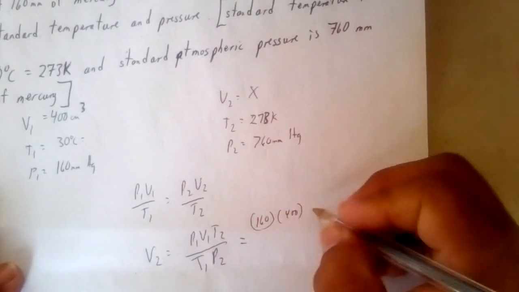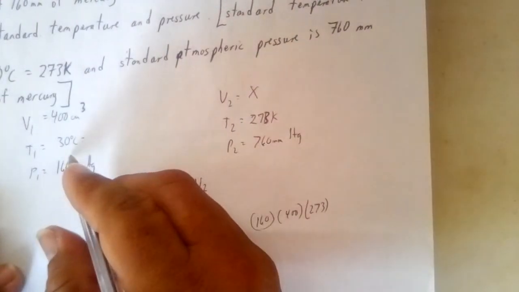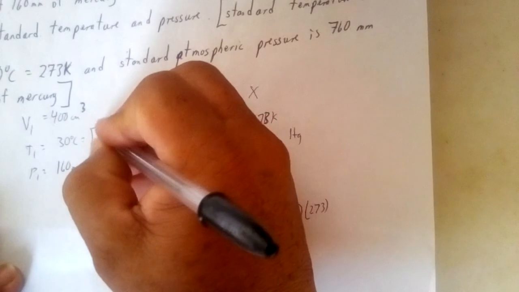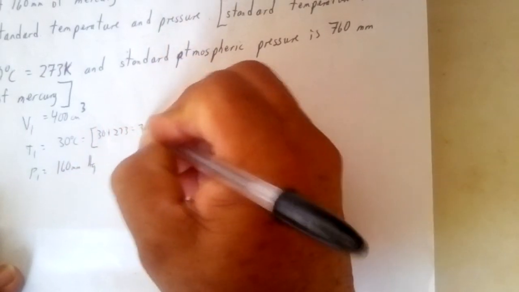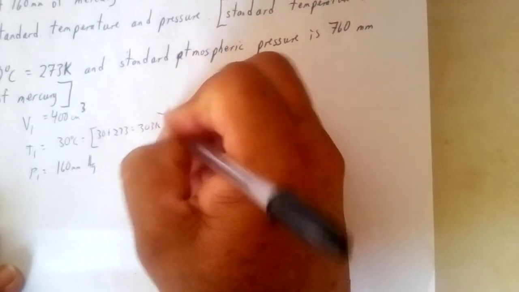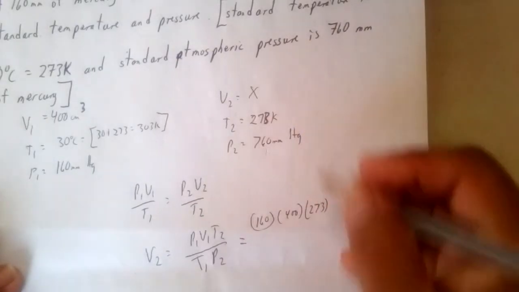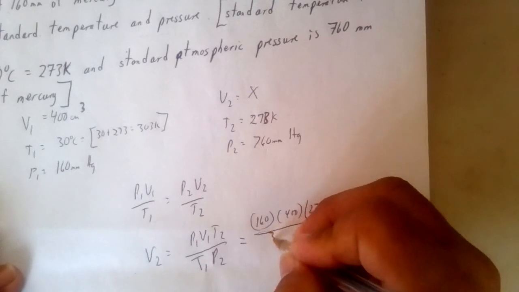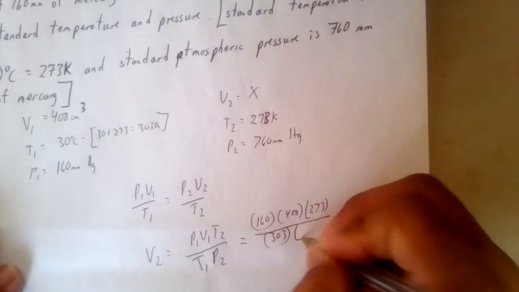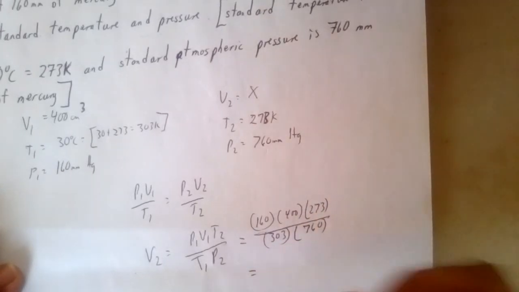Not necessary to put in the units to avoid confusion. And the 30 degrees Celsius, we need to convert that. So 30 plus 273 gives us 303 Kelvin. So we put here now 273 over temperature 1, which was 303, times the pressure 760, and we work that out.